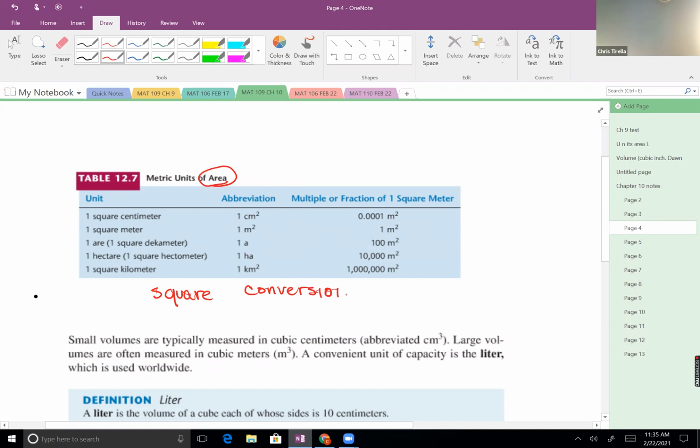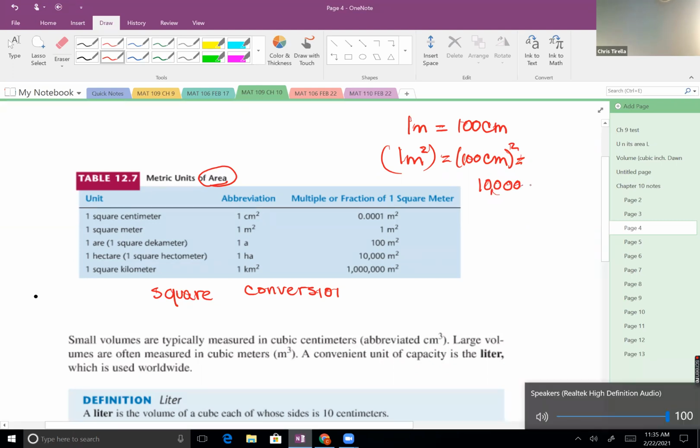And so, for example, if 1 meter is 100 centimeters, 1 meter squared would be that 100 centimeters squared. And when I square 100, 100 times 100 would give me 10,000 square centimeters in a square meter, and so on.